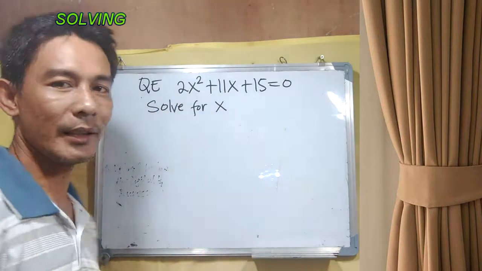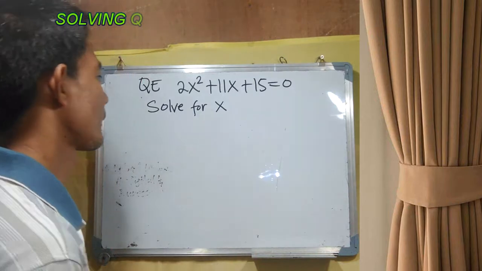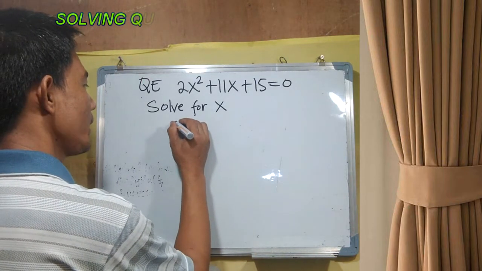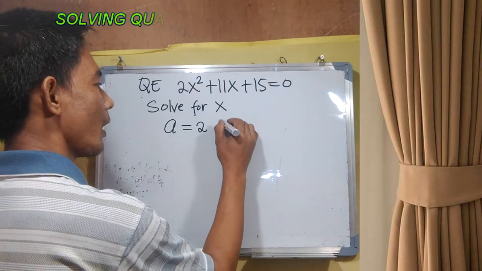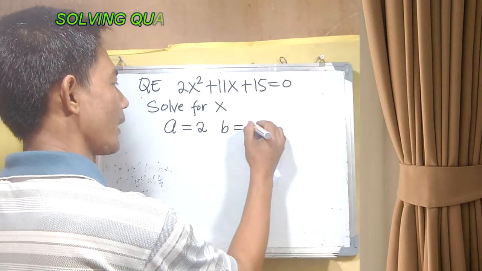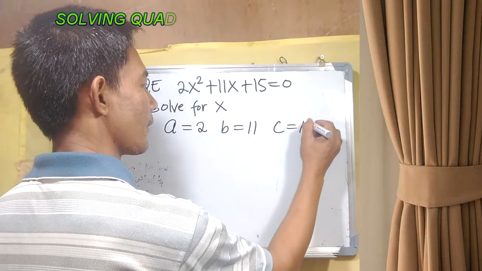So let us identify our coefficients. So our a is 2, our b is 11, and c is 15.